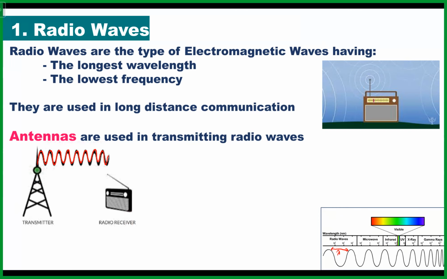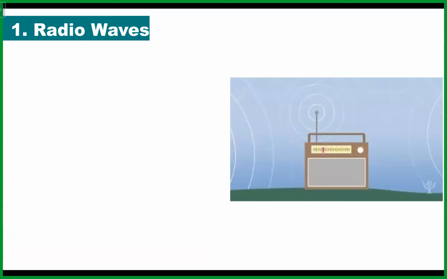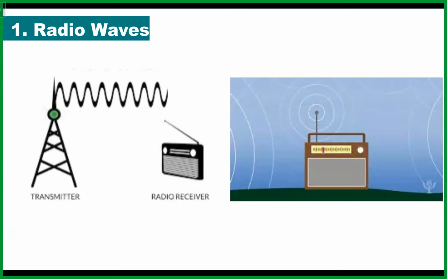So you then have a radio receiver which receives these radio waves and then translates this information into useful information, which is then displayed through the radio or the television. So that is the main use of radio waves. Radio waves are mainly used in long distance communication to transmit information in the form of these radio waves. So that is simply what you needed to know about radio waves. The main use of it is in long distance communication.